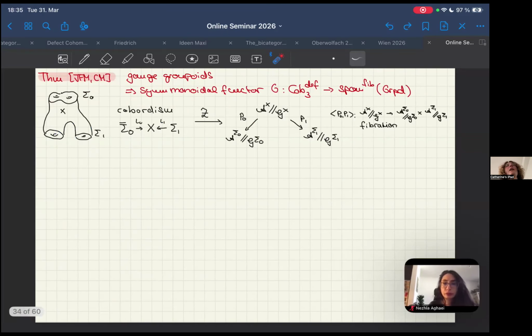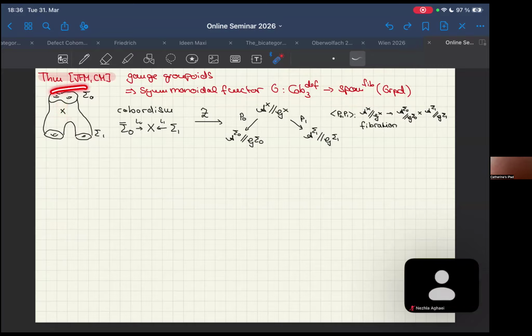Okay. So now one is interested in the properties of this assignment of gauge groupoids. And what we showed in our work is that the assignment of the gauge groupoid defines a symmetric monoidal functor from the defect cobordism category into some category consisting of fibrant spans of groupoids. So I'll explain this a little bit. Here we have the picture: the cobordism X, the source, and the target.